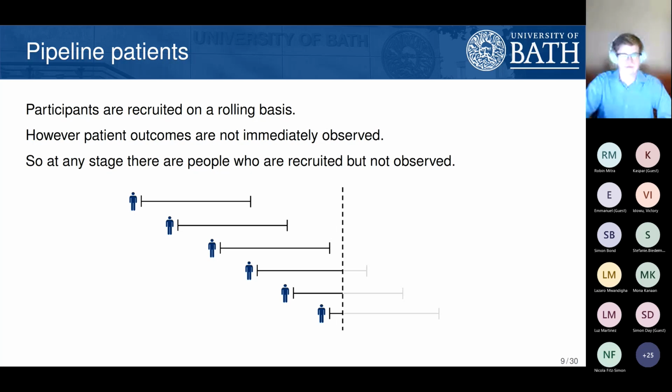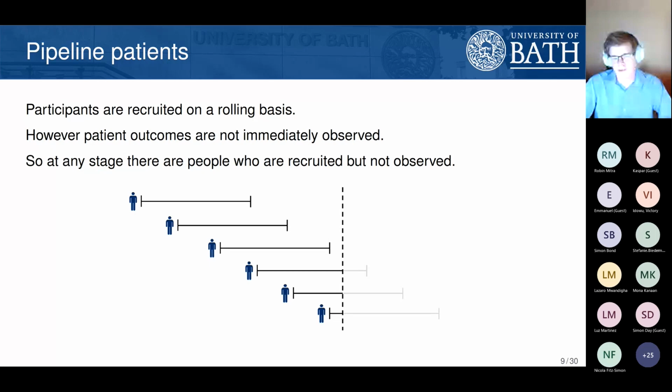Given this rolling nature of recruitment, if we cut the trial at any point in time, we may have recruited some patients who have reached their final observation, their final endpoint, but there are also going to be some patients who will be observed at some point in the future. And this is where I'm claiming that by design, we have our missing data problem.